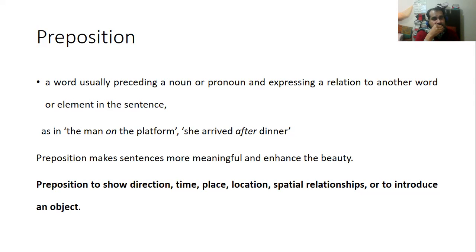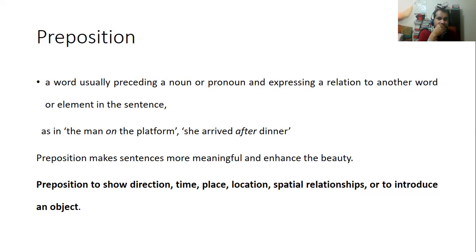Likewise, you see in the next sentence, she arrived after dinner. Actually, there are 2 parts in the sentence. She arrived is one part, and dinner is another part. And if you omit the word after, then this will make no sense. So after is an equilibrium in this sentence.